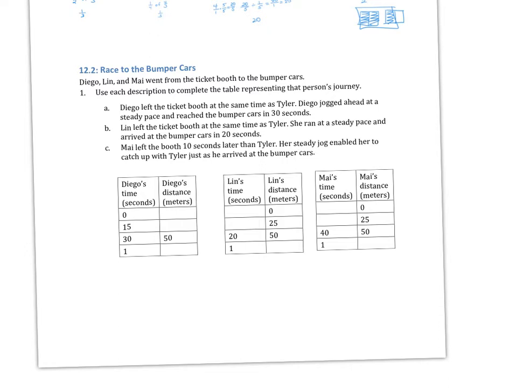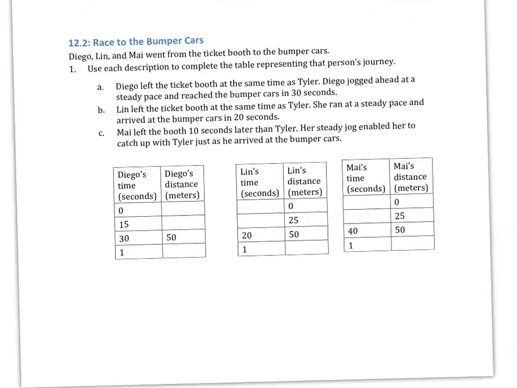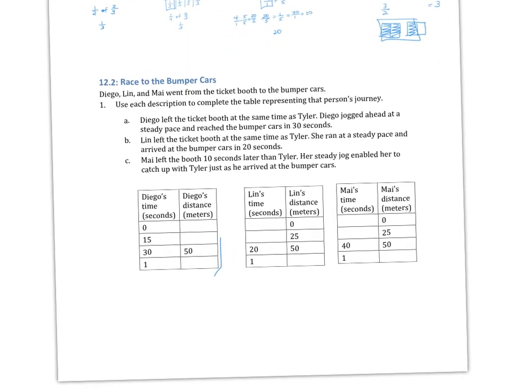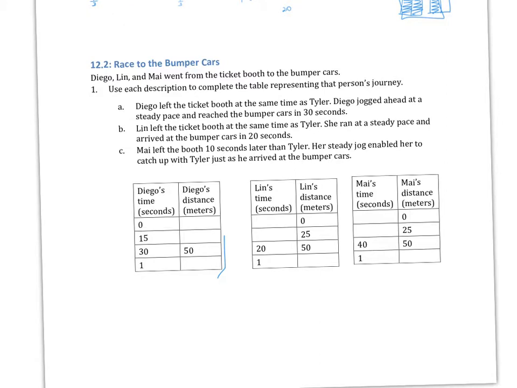So Diego left the ticket booth at the same time as Tyler, but Diego jogged ahead at a steady pace and reached the bumper cars in 30 seconds. Now, if we take a closer look at Diego's table, we can see that 30 seconds being represented in the 50 meters, right?